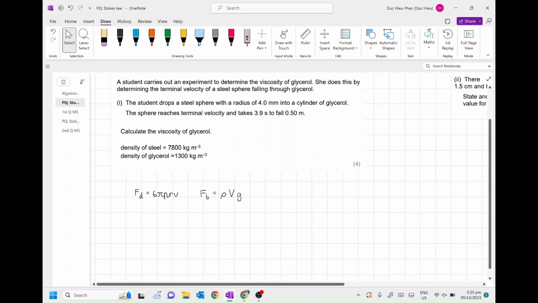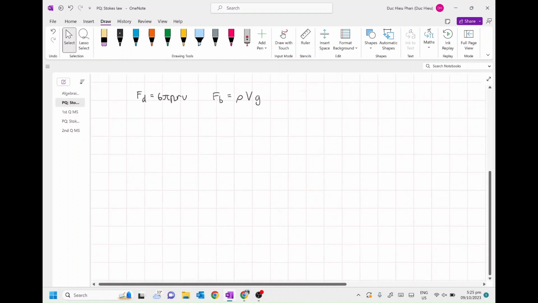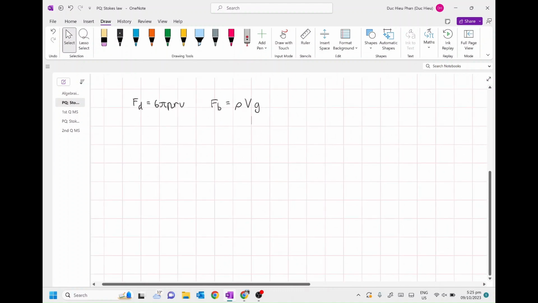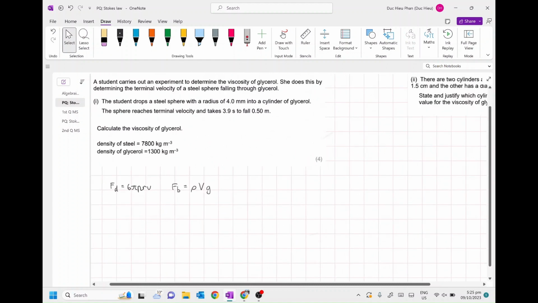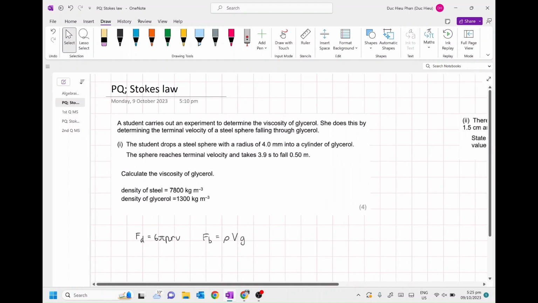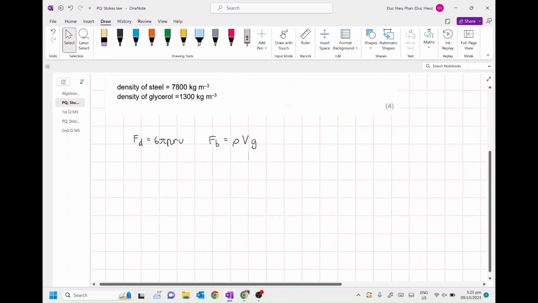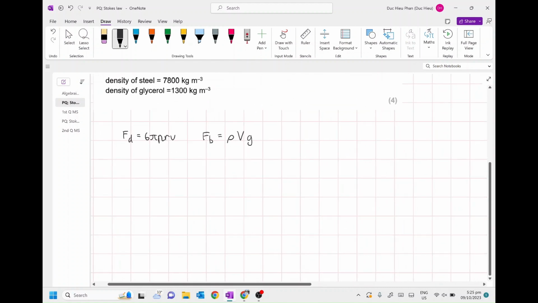So the first thing we need to do is to draw a free body diagram of the sphere falling down the tube of glycerol. If the sphere is falling at a constant speed, which is because it's in terminal velocity, we know that the forces on the sphere have to be in equilibrium.